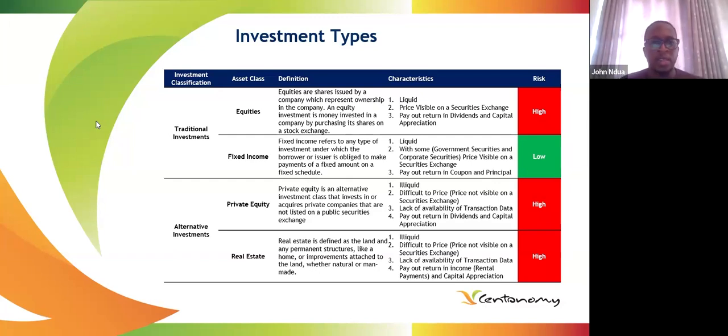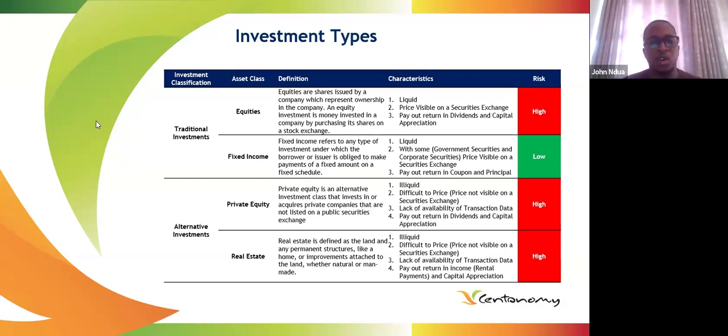Now, the other investment classification that we have is known as alternative investments. And what is alternative investments? Ideally, these are investments that are not available to you on a public exchange or a public platform.